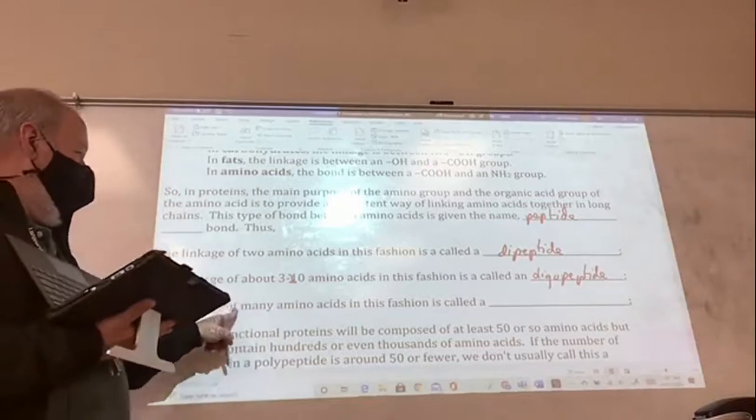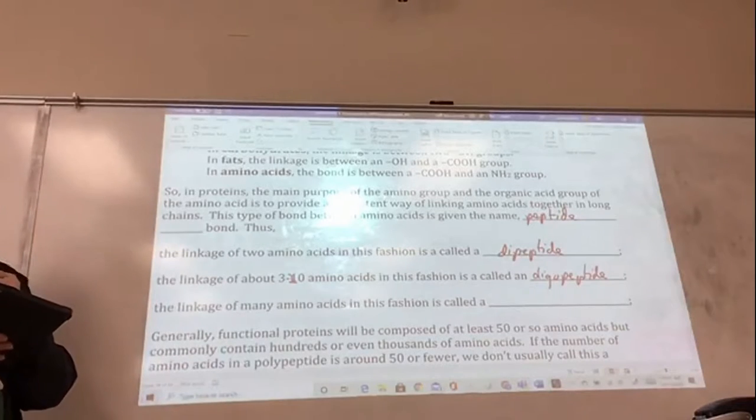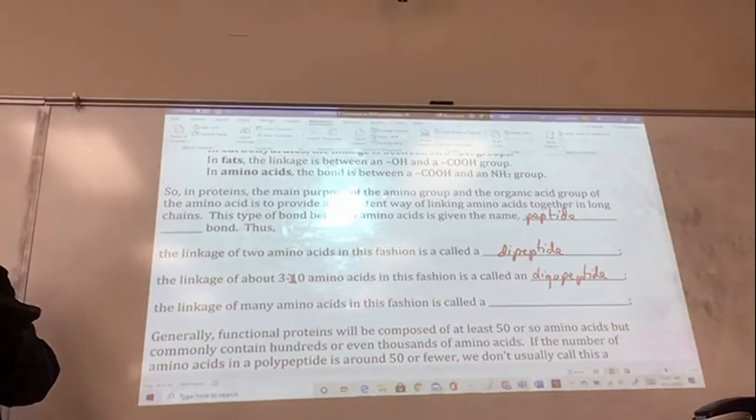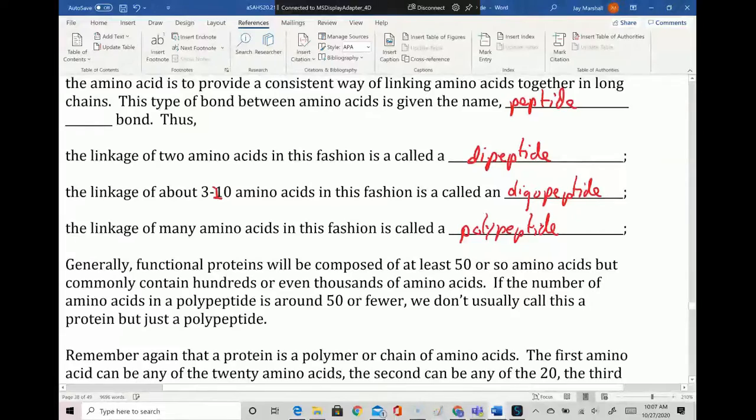And then what would the linkage of many amino acids together be called? What was our prefix for many? I heard it. Polypeptide? I heard someone say poly, but they didn't say it loud enough. Okay?